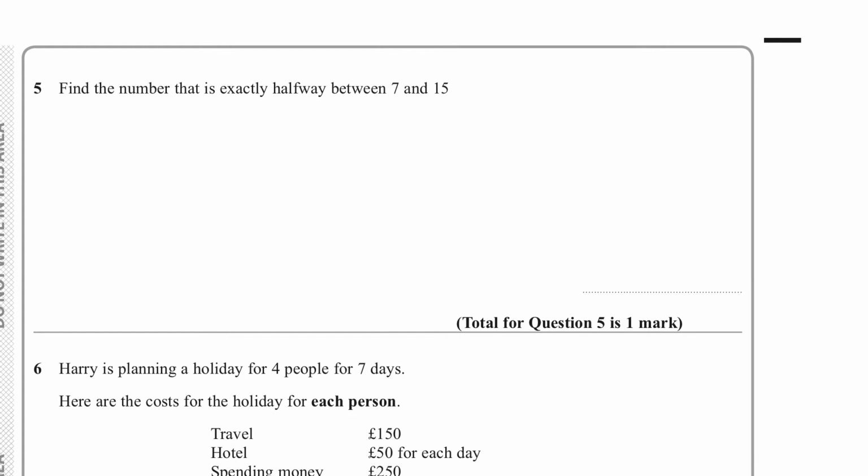Moving over to the next question, it says find the number that is exactly halfway between 7 and 15. You could just write down 7, 8, 9, 10, 11, 12, 13, 14, 15. We know that there are 9 numbers. So you could do 9 plus 1 divided by 2, which is 5. You're then looking for the fifth number: 1, 2, 3, 4, 5.